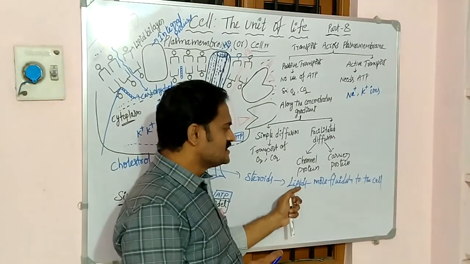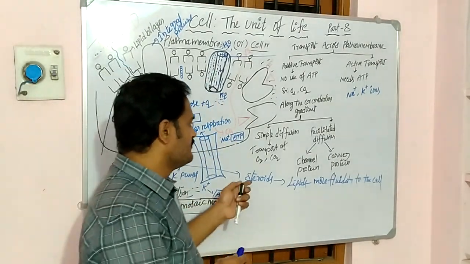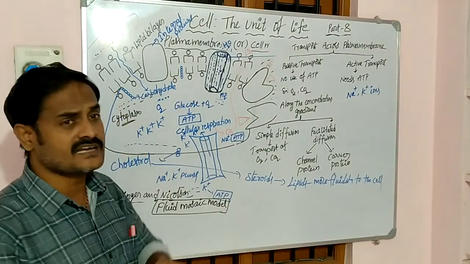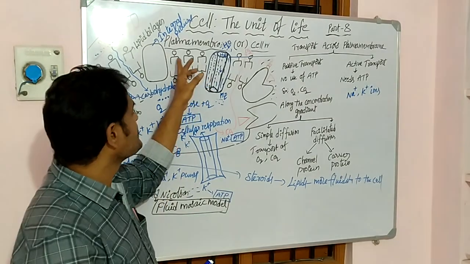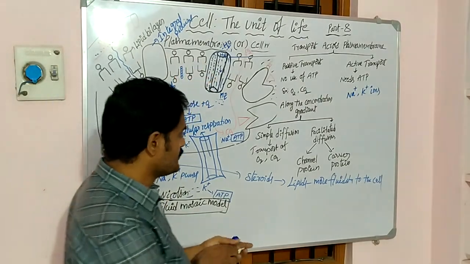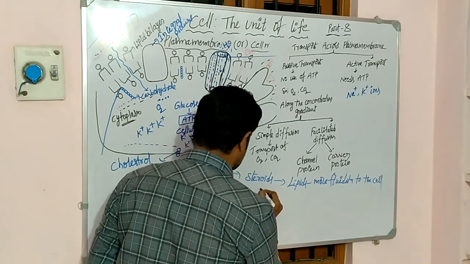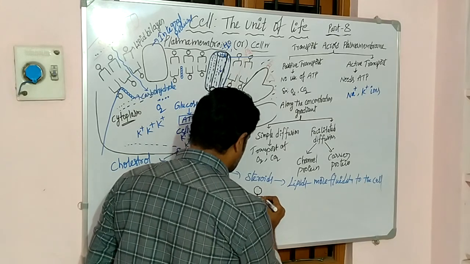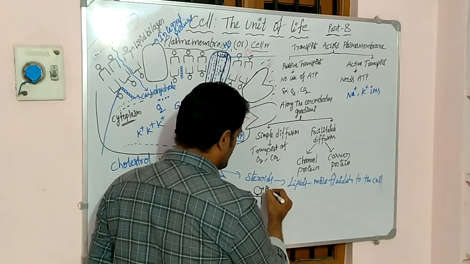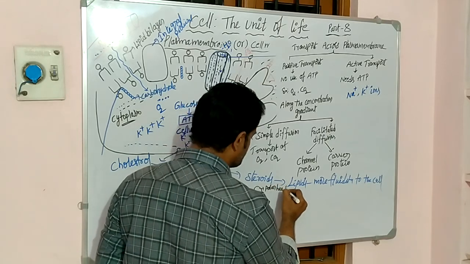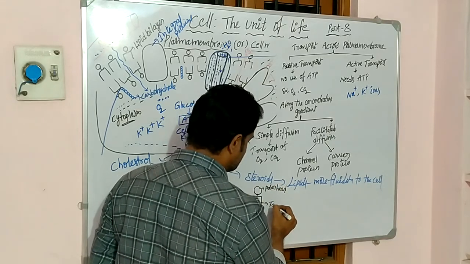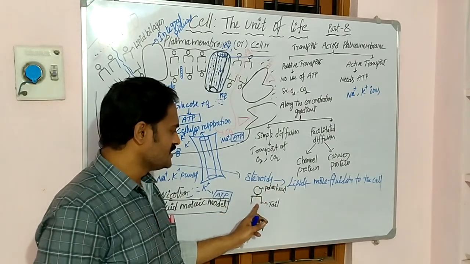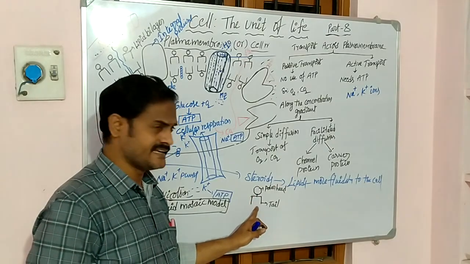Also, the lipids present on the plasma membrane are the major component. This is called the lipid bilayer. If you take one lipid molecule, it consists of a polar head and a tail. All types of lipid molecules are not arranged the same way.